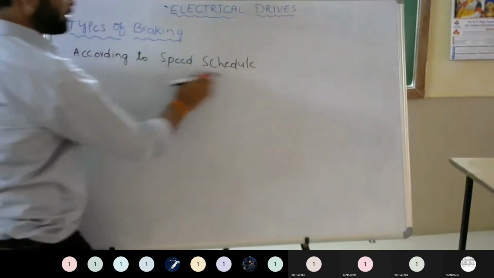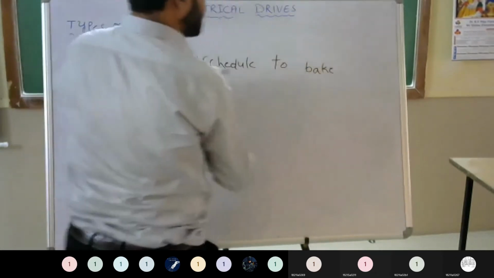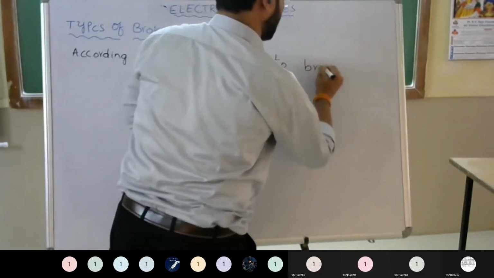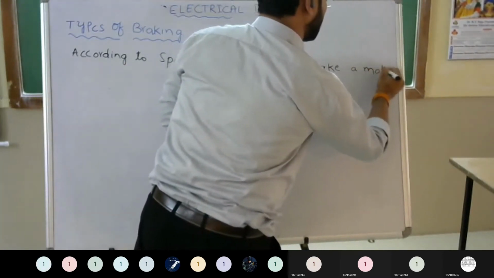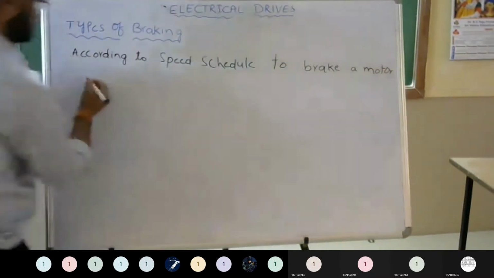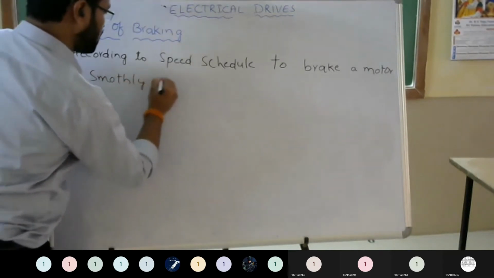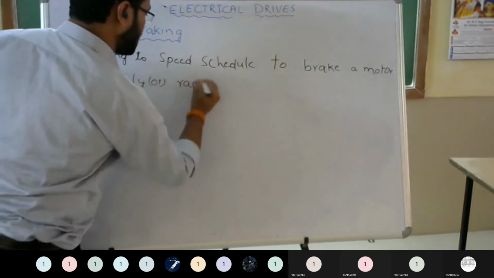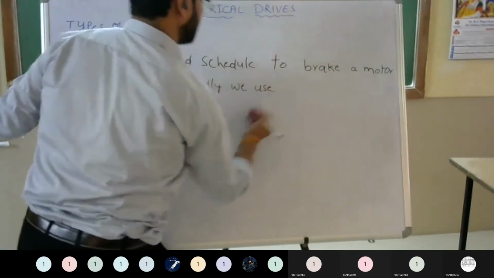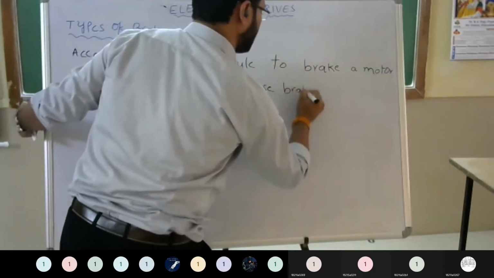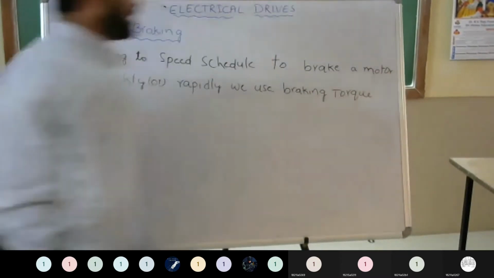According to the speed schedule, to brake a motor smoothly or rapidly, we use braking torque.